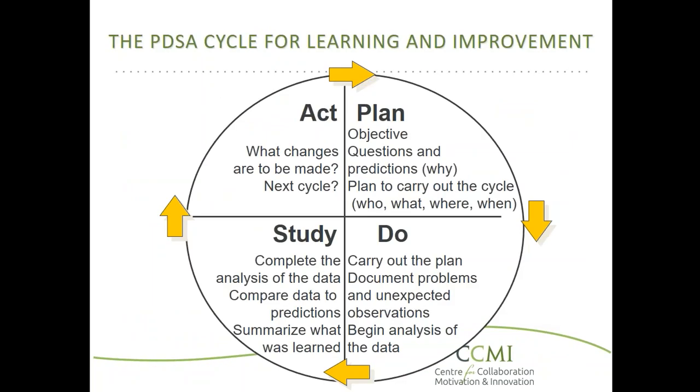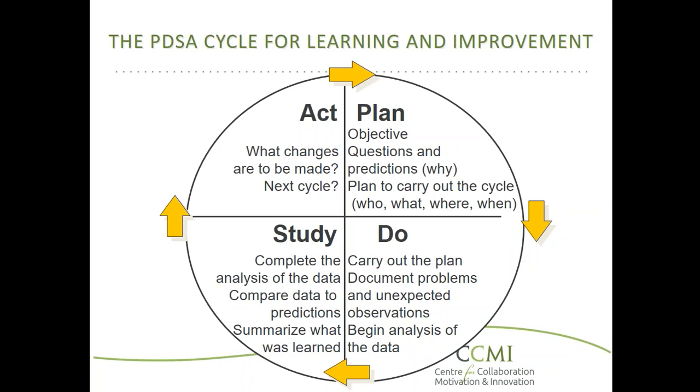Now, in my last talk around quality improvement and the fundamentals, or self-management support and the quality improvement fundamentals, I talked about the model for improvement. And part of that model was the Plan, Do, Study, Act cycle, which is a rapid cycle technology for testing ideas very quickly, gaining knowledge, and then moving on to either continue testing the idea or maybe you modify the idea and test that.